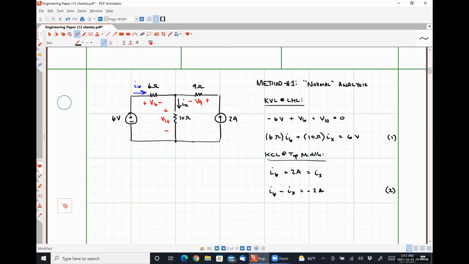That's my second equation. Again, all I'm doing there is applying Kirchhoff's current law at the top node, the one in the middle, and just saying the current flowing in, which is I6 and 2 amps, equals the current flowing out, which is Ix. I now have a system, 2 equations, 2 unknowns. You guys all have calculators. Take a moment to solve that system for me, please.